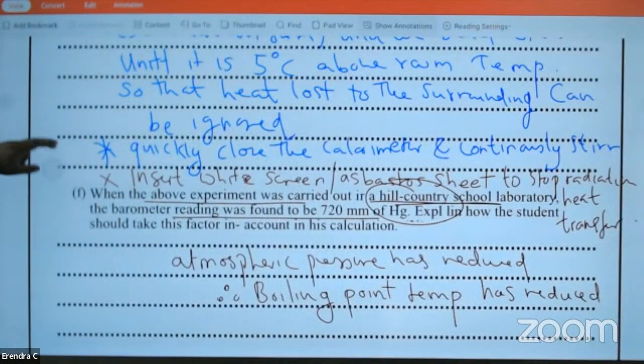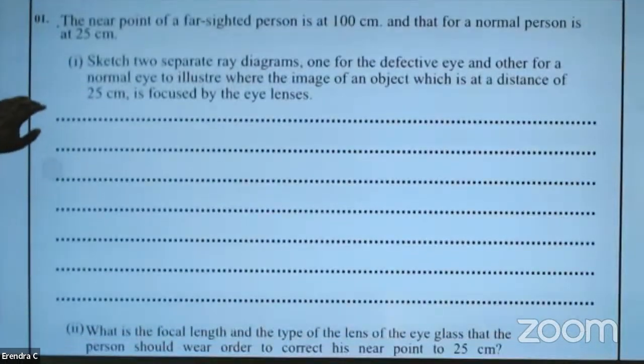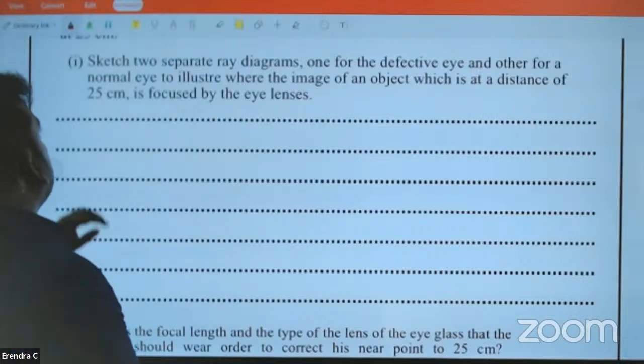Moving on. Essay question. It is an eye defect question. Important.